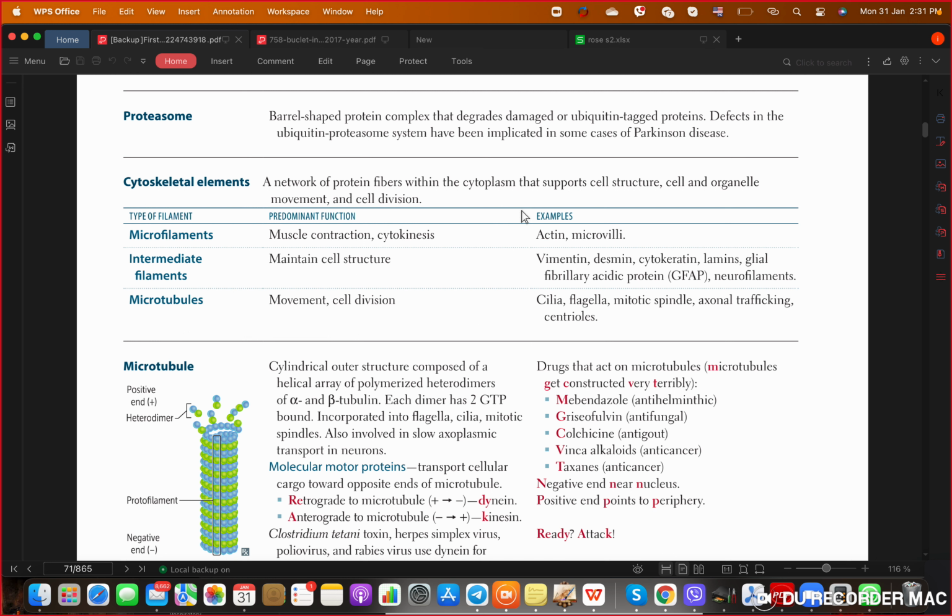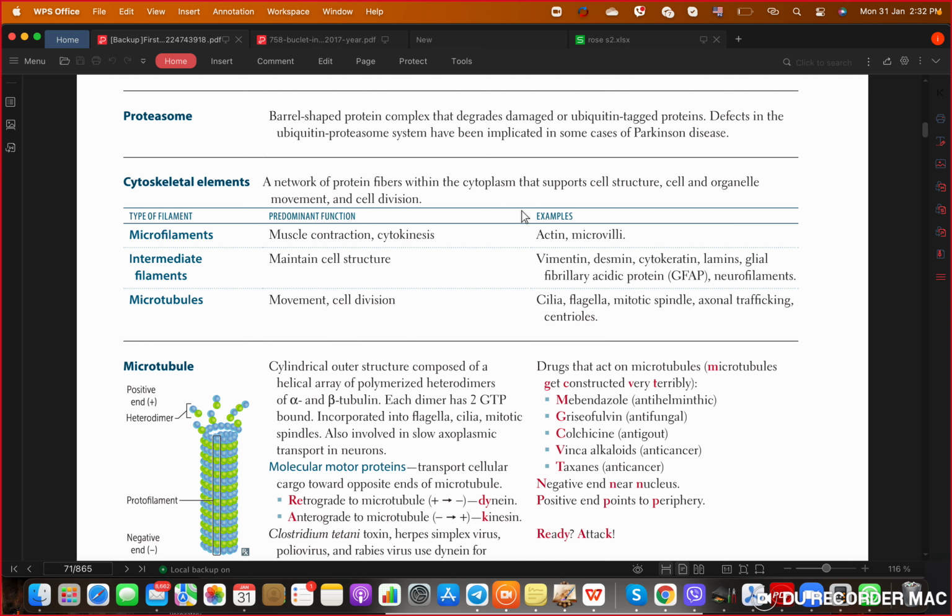For that, you also need cytoskeleton. So it's a network of protein fibers within the cytoplasm that supports cell structure, cell and organelle movement, and cell division. Basically structure, movement, division, and also protection.